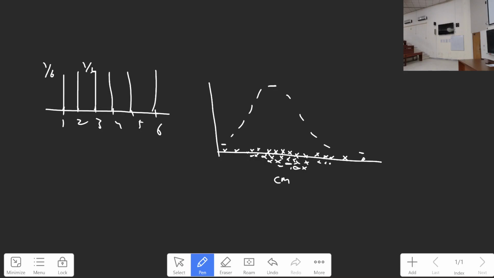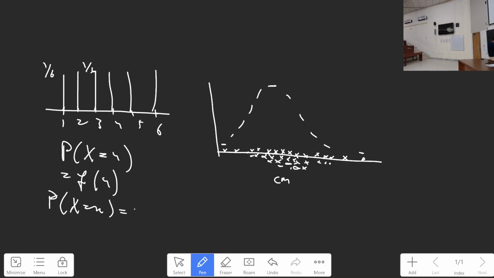As we did for the discrete case, what did we do? We said, okay, the probability that x takes the value 4, we represented it as f4, right? This is our probability mass function. And the probability that x takes a general value x, we call that f small x, the probability mass function.